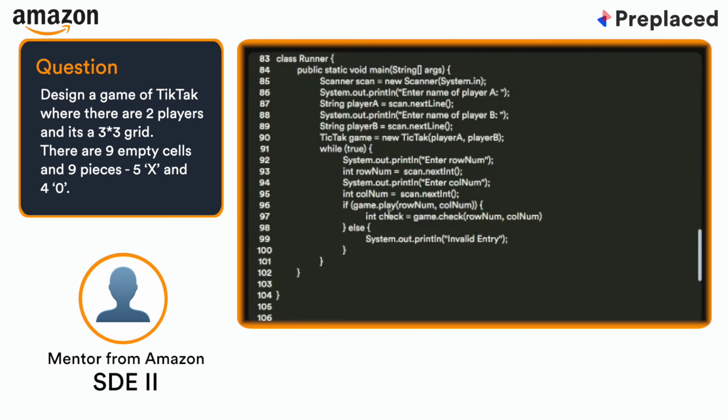Now I will just take if check equal to -1, I will just say it's a draw.